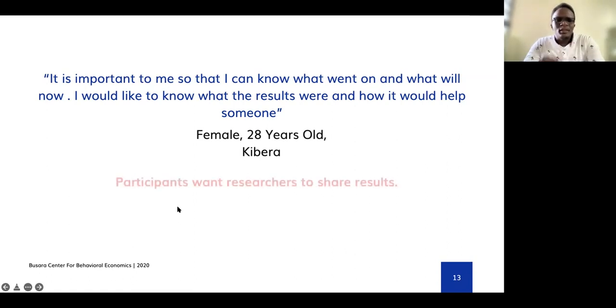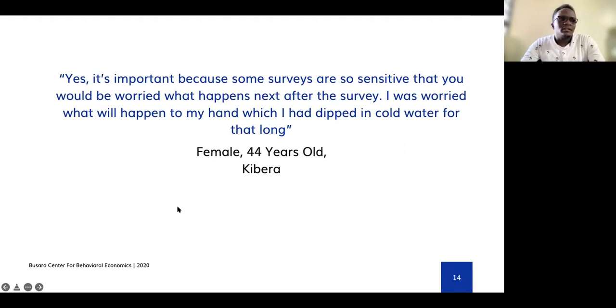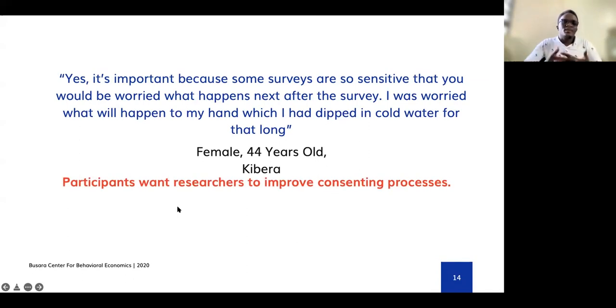And they came out strongly to say that researchers need to change their ways and try as much as possible to share results of the studies that people have invested time in. And lastly is around consenting processes. Participants want researchers to improve consenting processes.